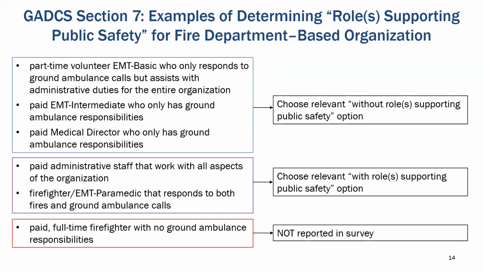The next example of a firefighter/paramedic who responds to both fires and ground ambulance calls is also straightforward. The staff member would be classified as a paramedic with public safety role. Finally, the last staff member, a firefighter with no ground ambulance responsibilities, should not be reported anywhere in the GADCS.